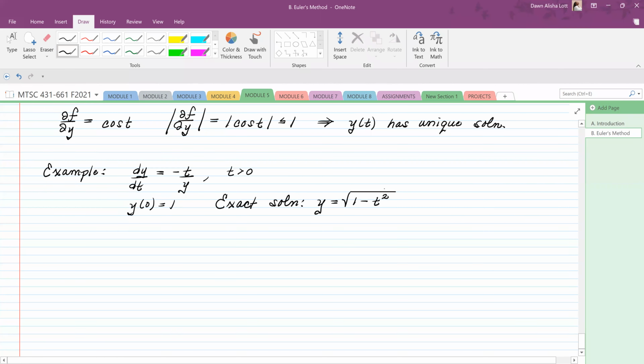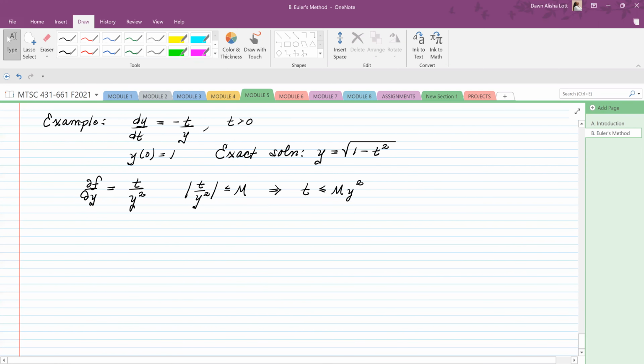All right, so now let's go back and look at the Lipschitz condition. So we have the partial of f with respect to y is equal to t over y squared. Okay, now the absolute value of t over y squared less than or equal to M. Well, that implies then that t has to be less than or equal to M times y squared.